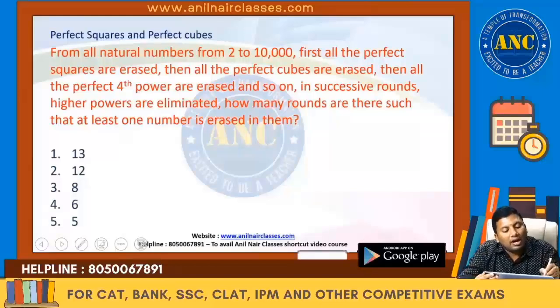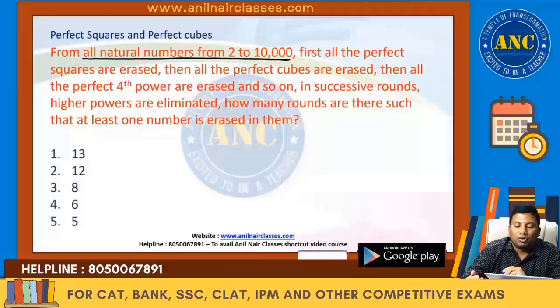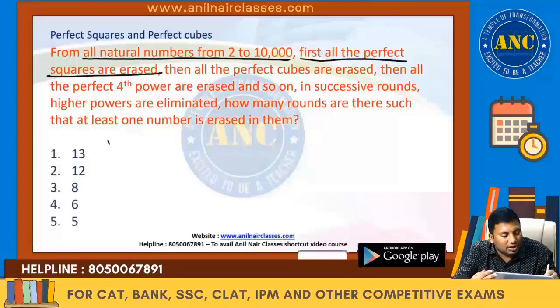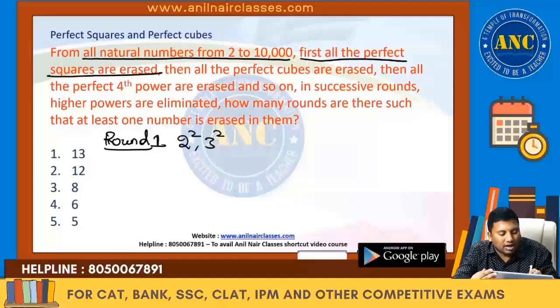Idea clear, right? 41. Another question. From all natural numbers, there are natural numbers from 2 to 10,000. First, all the perfect squares are erased. That means there is a round 1. In round 1, perfect squares are erased: 2 square, 4 is erased, 9 is erased, 16 is erased.